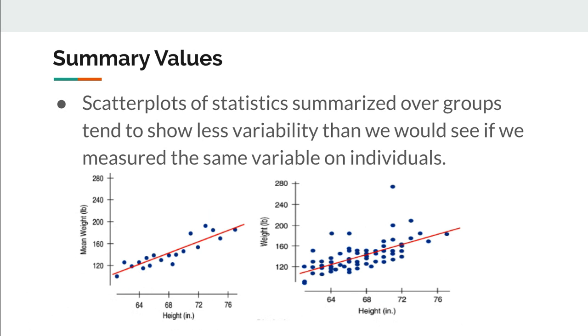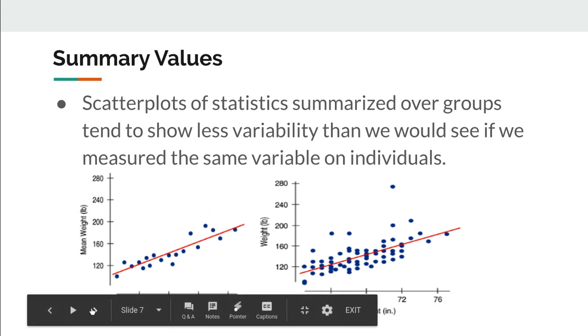They basically just took the averages of weight for each different height value on the left side, and you can see that that data is more closely centered around the line of best fit, whereas over here, when they took each individual's weight and didn't summarize it or find the mean for each height, it's a little bit more scattered, with larger residuals and things like that. So it definitely changes when we're talking about summary values versus individual values.